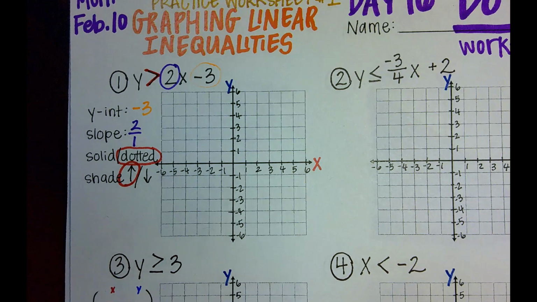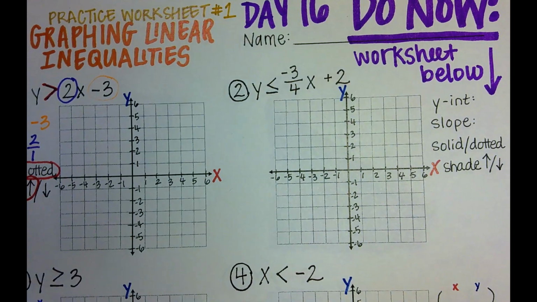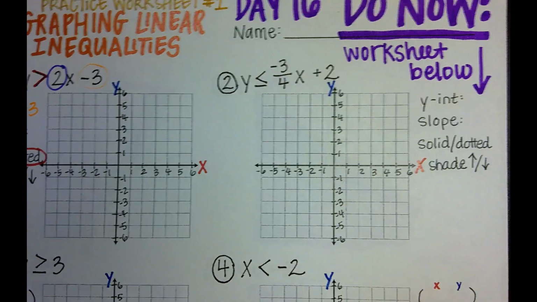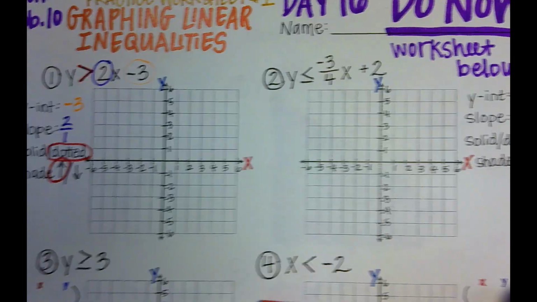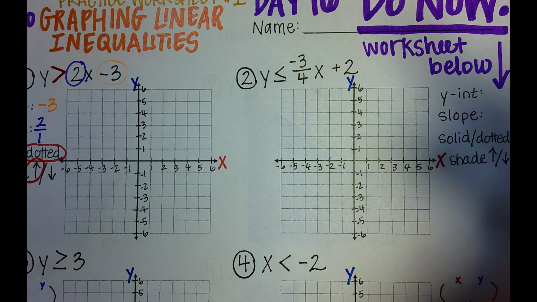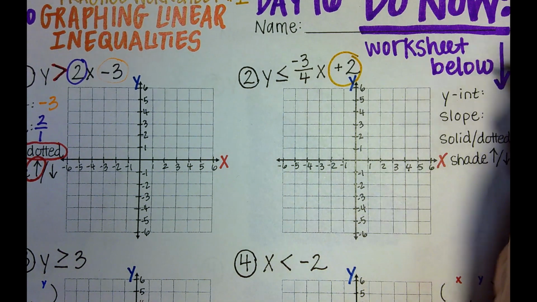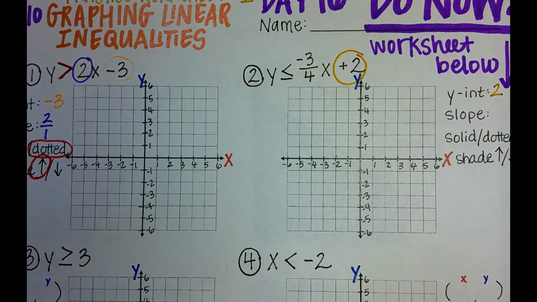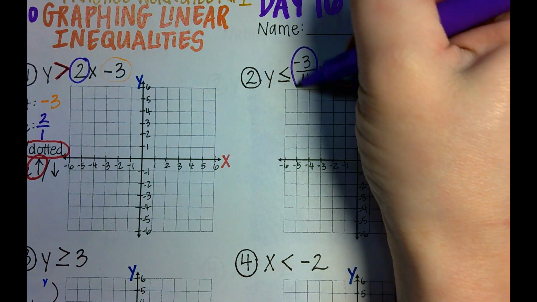Okay, let's fill in our information for number 2 now. What's the y-intercept on number 2? 2. Good. How about our slope? Perfect, -3 over 4.